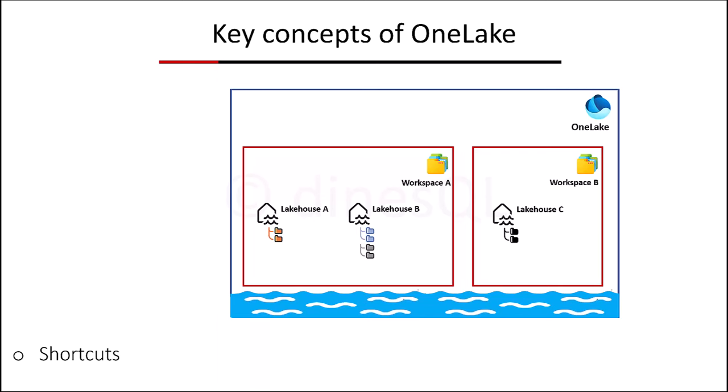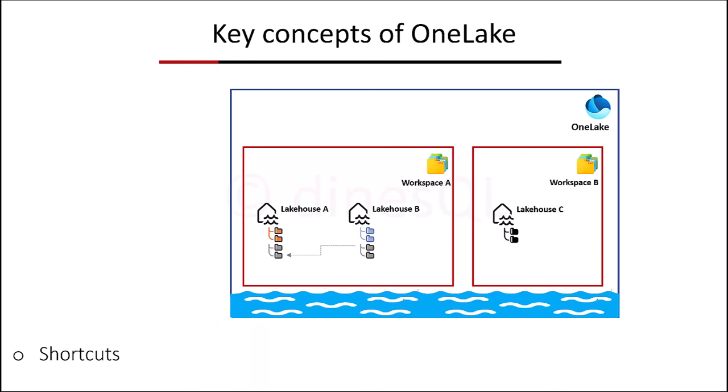Now, let's say I'm in Lakehouse A and you are in Lakehouse B. I want to access some of the files in Lakehouse B, all right? I can simply create a shortcut in Lakehouse A for data in Lakehouse B, right?